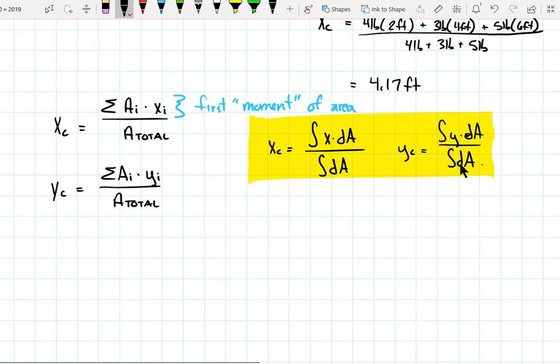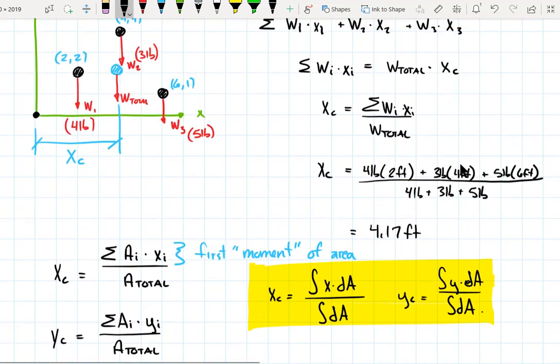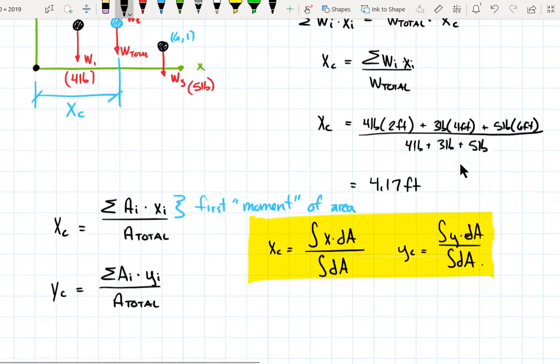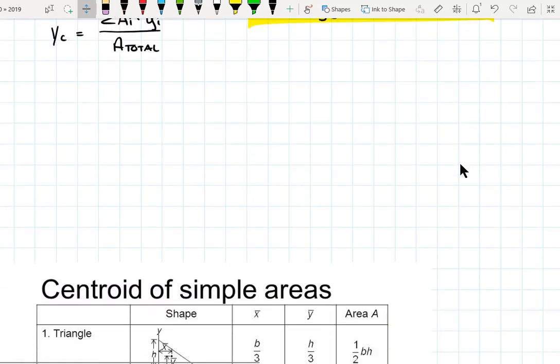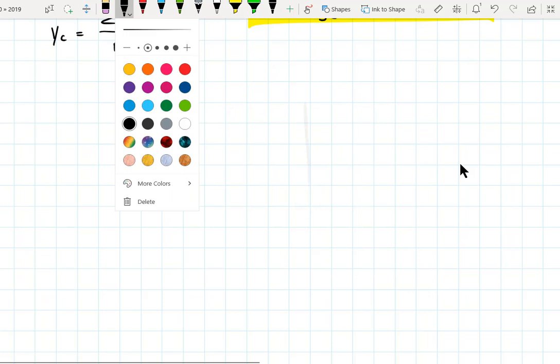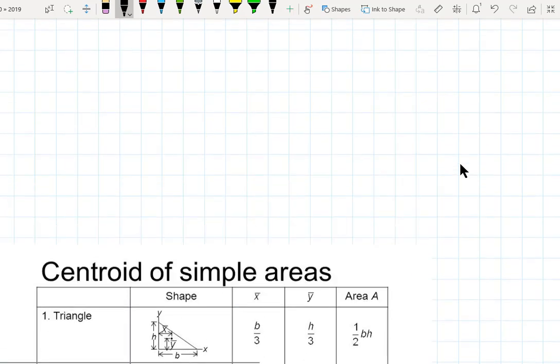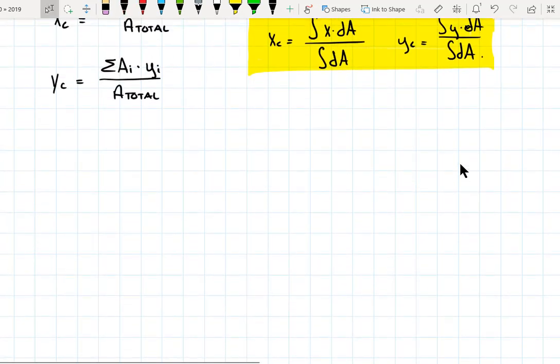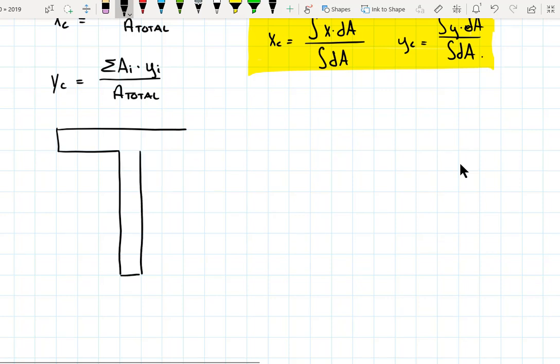All right, so I need to take this idea and apply it to something like this T. This is about as simple as we can get without just being one you look up in the chart. So let's draw our T shape. Let's make it a little bigger. And I'm going to make this into part 1 and part 2.